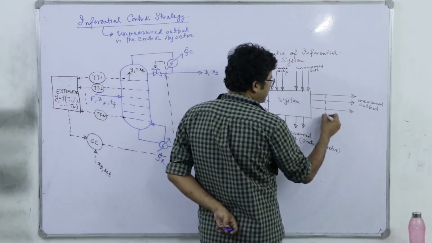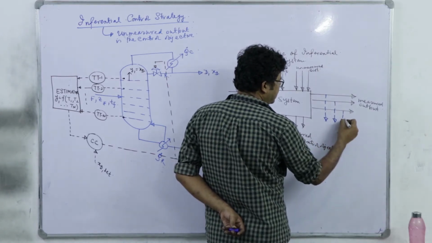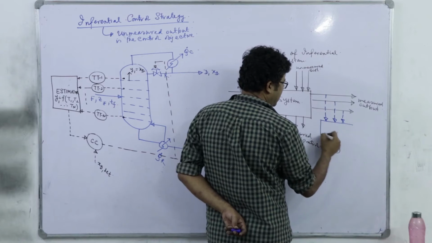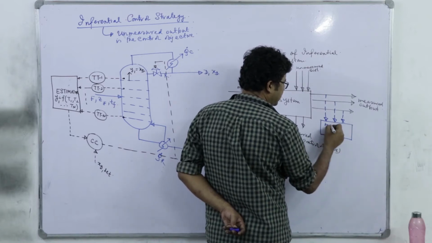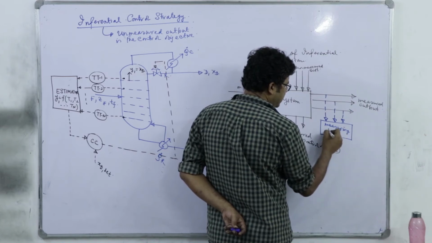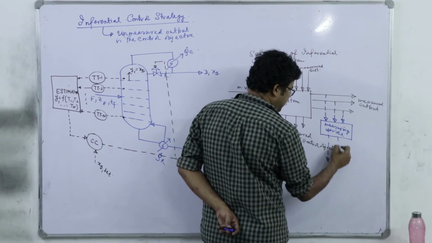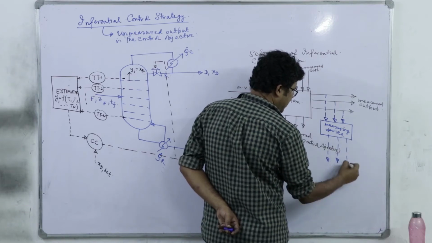First, we will be using the measuring device to measure this output. Next, we feed it to the estimator.